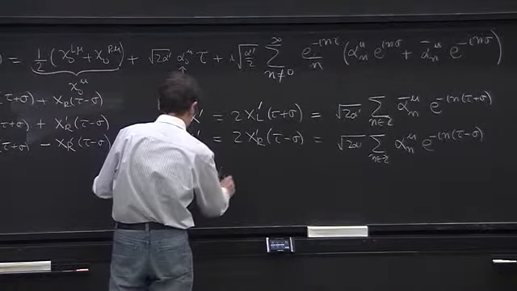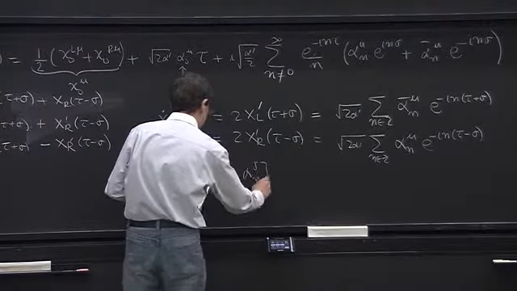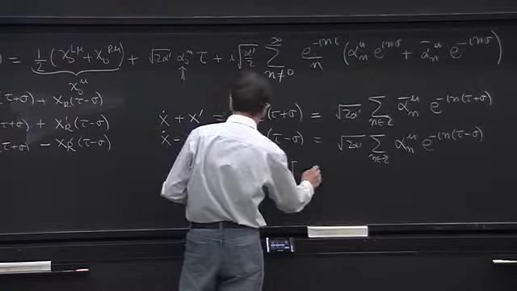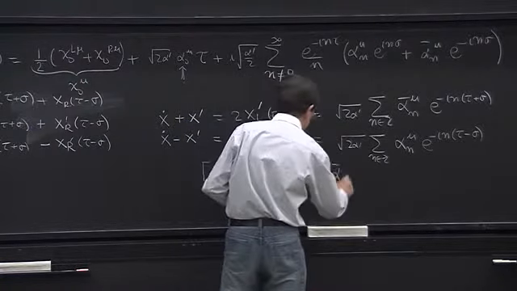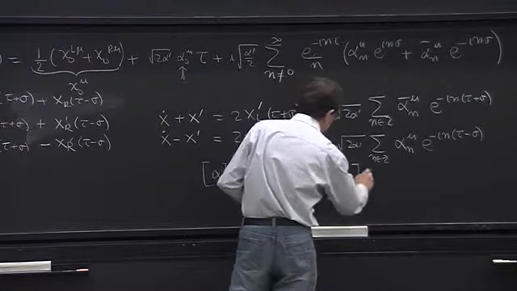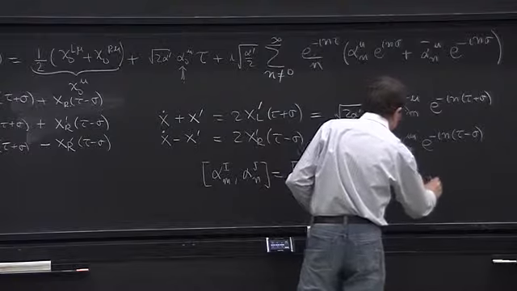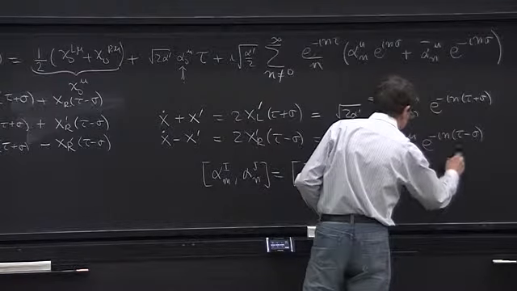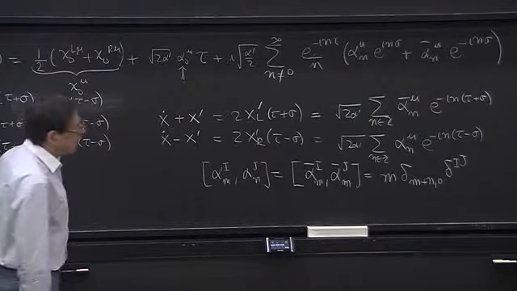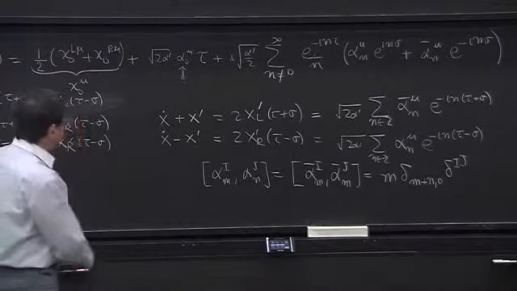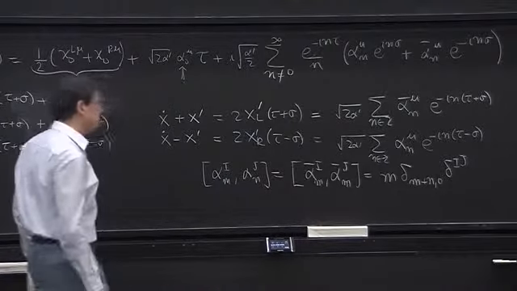So the commutator of alpha m i with alpha n j is equal to that of alpha bar m i with alpha bar n j, and it's the same that you had in open strings, which is this commutation relation. If you want to put the square roots and relate it to a's, that's also possible.